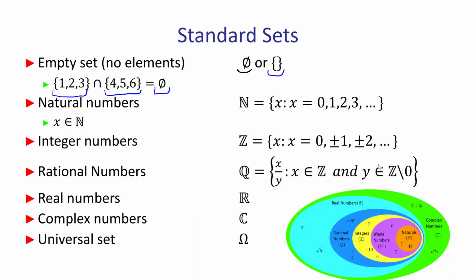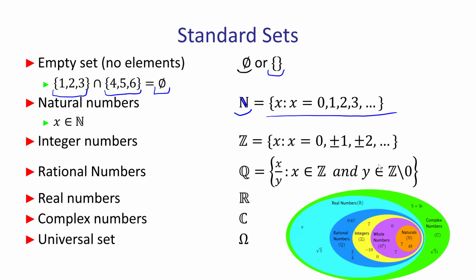Another very popular set is natural numbers. We talked about that before, but the symbol for that is N with a double line here. Now, this set is defined as all of the numbers from 0 and counting up 1, 2, 3, 4 and so on.